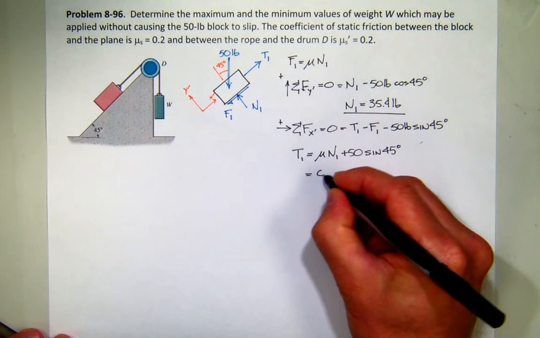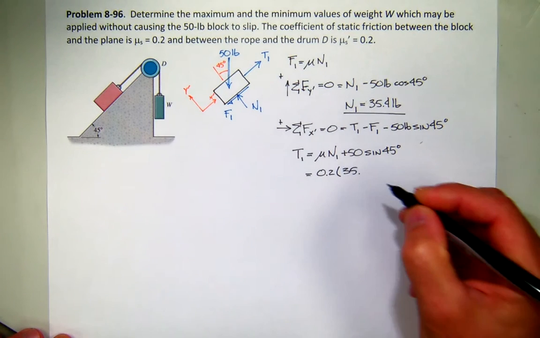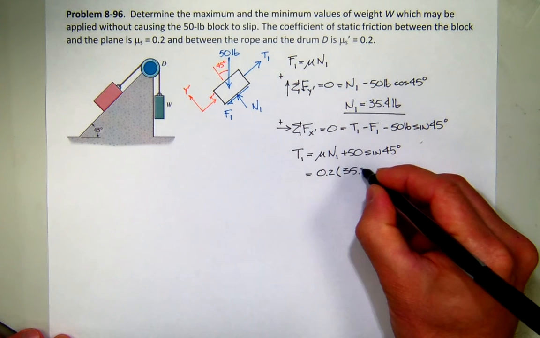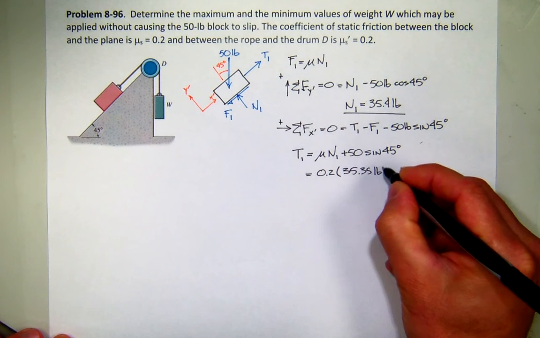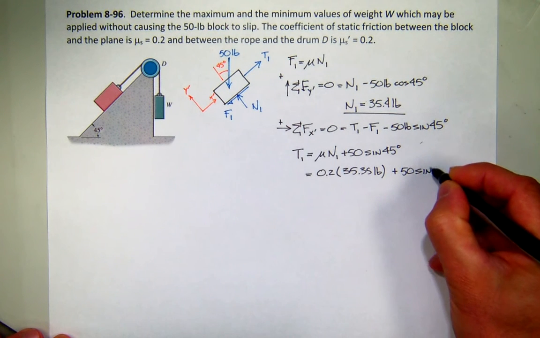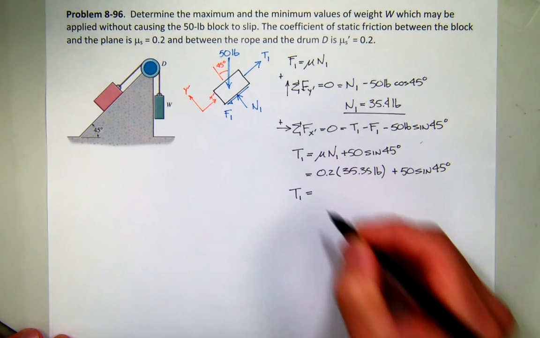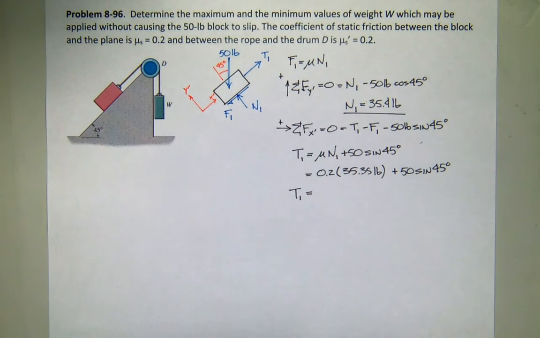So technically that would be 0.2 times N1, 35.35 pounds, plus 50 sine 45. So what's T1? Anybody got that? I got 42.43. Do you get that?